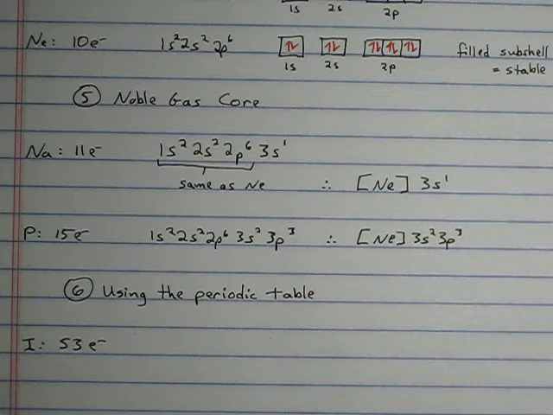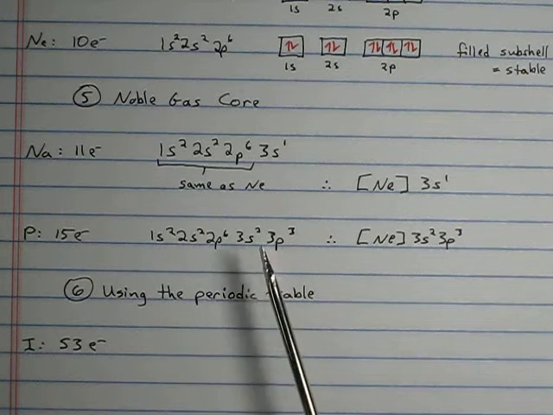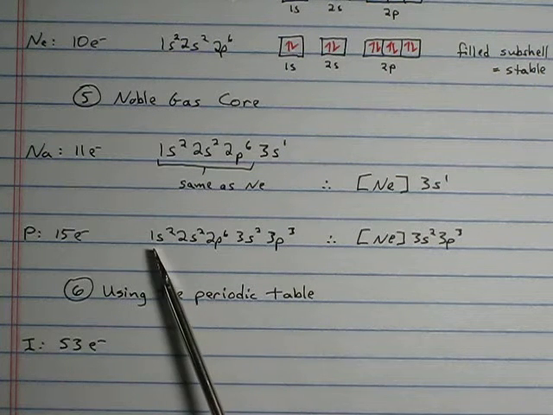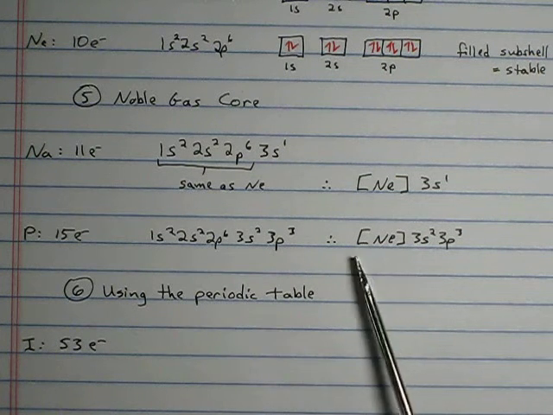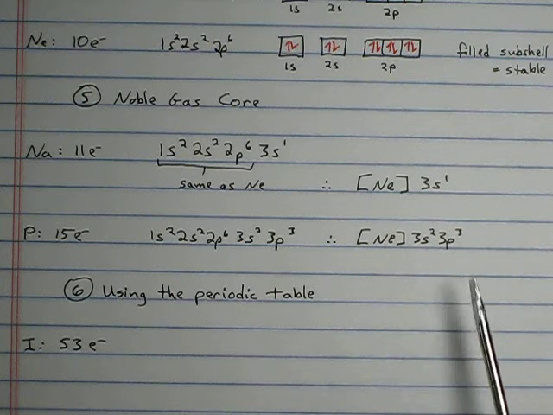All right. If we look at the electron configuration for phosphorus, phosphorus has 15 electrons. We could do the whole thing, 1s2, 2s2, 2p6, 3s2, 3p3, or we could just say this whole part right here is neon core. Neon core, 3s2, 3p3.